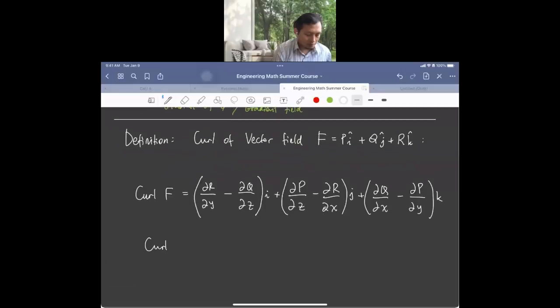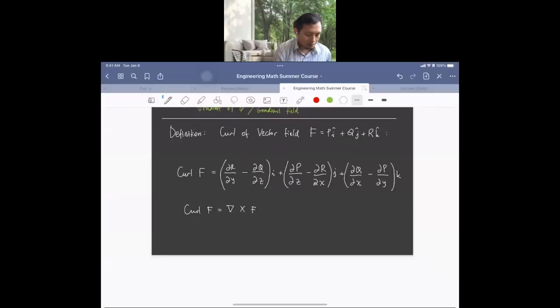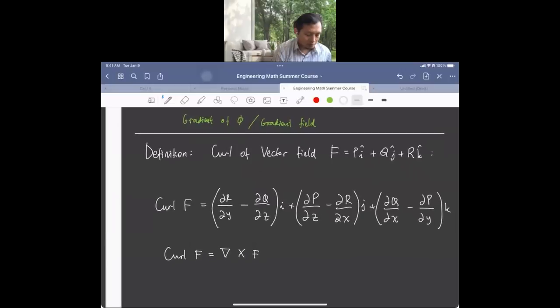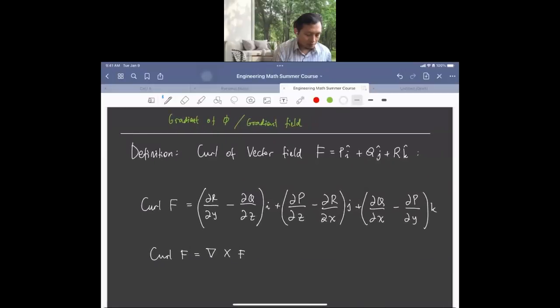Or simply we can say that the curl F is the del cross F. Let me write it on a new page to describe the cross.